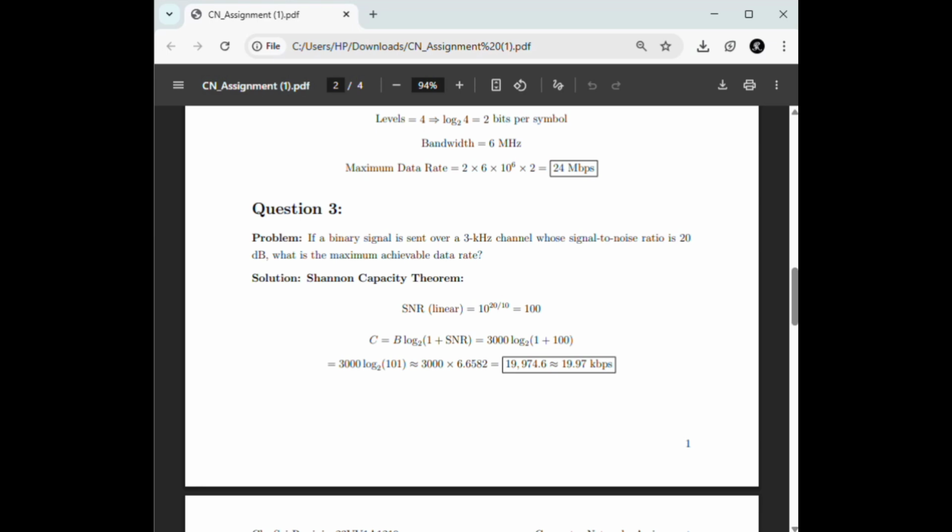Here it is 20 decibels, so the signal to noise ratio in linear form is 10 to the power of 20 by 10. 20 by 10 is 2, so 10 squared is 100. Then the capacity is calculated using the formula, which gives 19.97 kilobits per second.